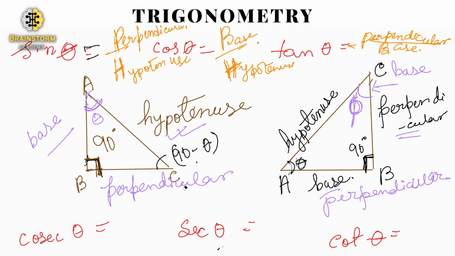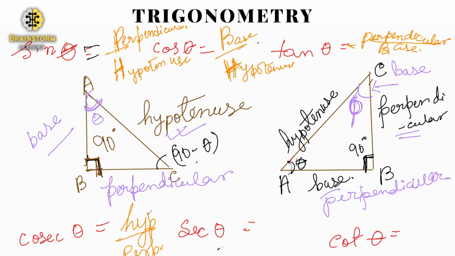Now what about the terms left over in the bottom? Cosec theta, sec theta and cot theta. Always remember that cosec theta is the reciprocal of sine theta. What was our sine theta? It was perpendicular by hypotenuse. So cosec theta will be hypotenuse by perpendicular.